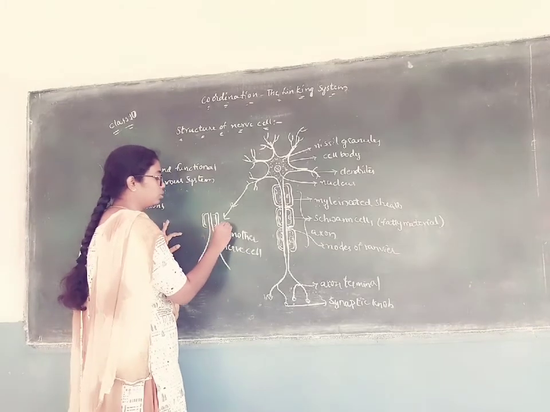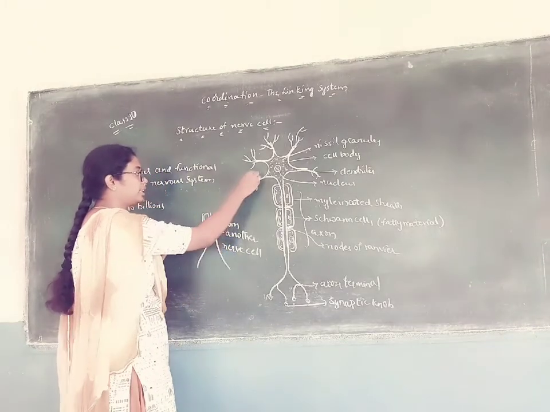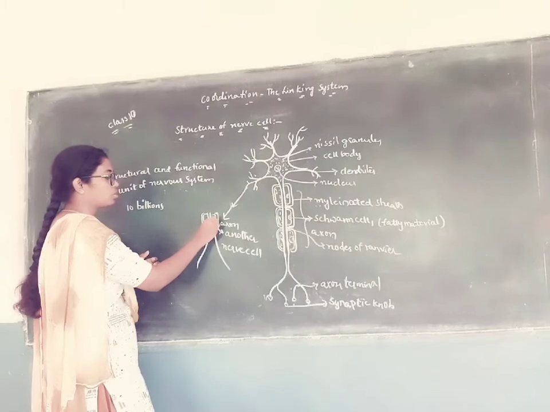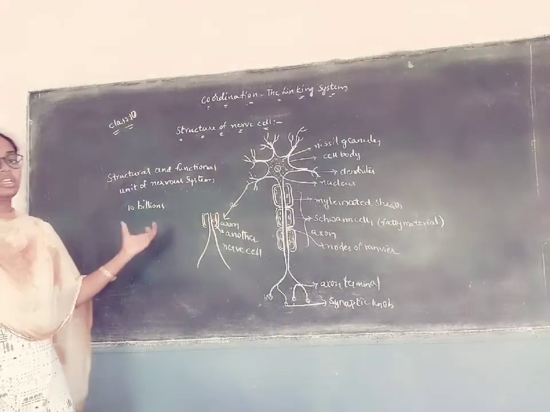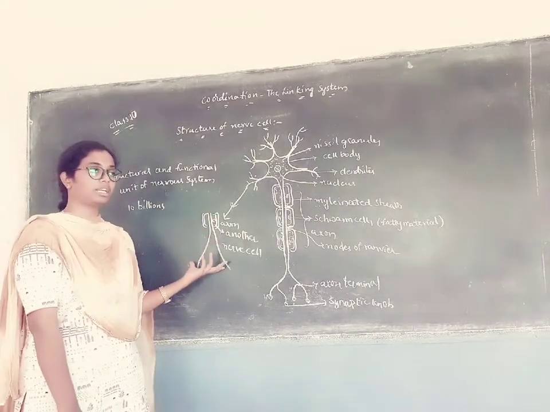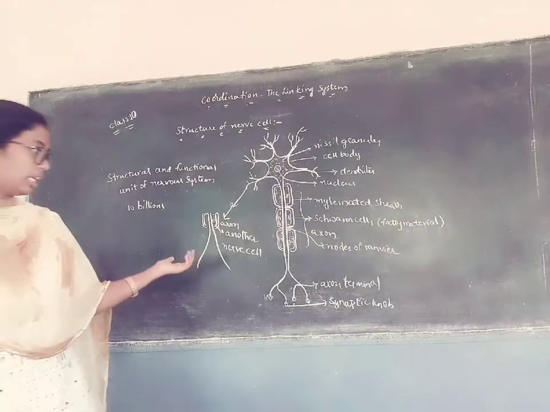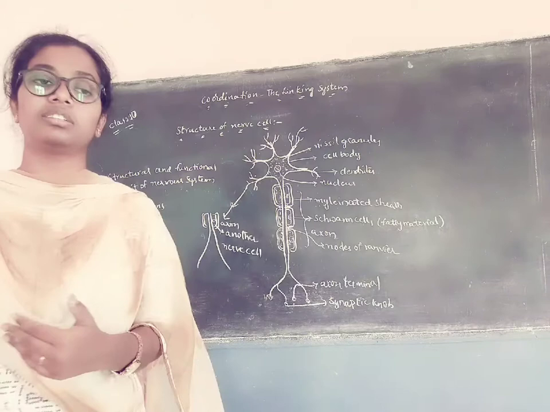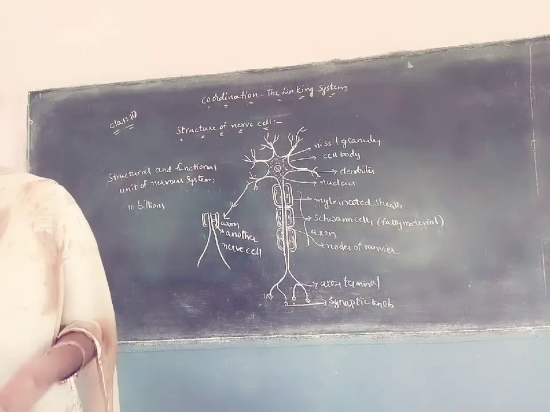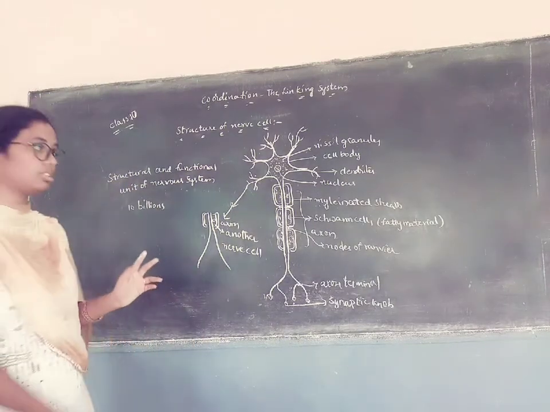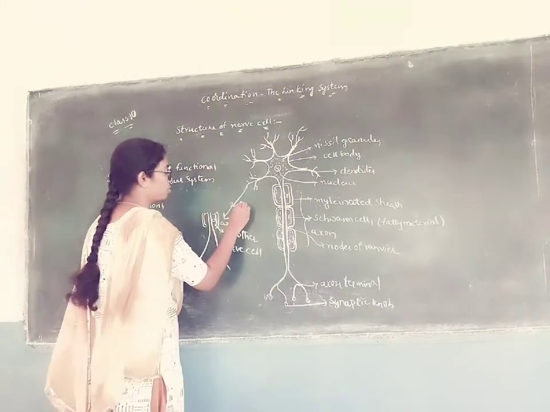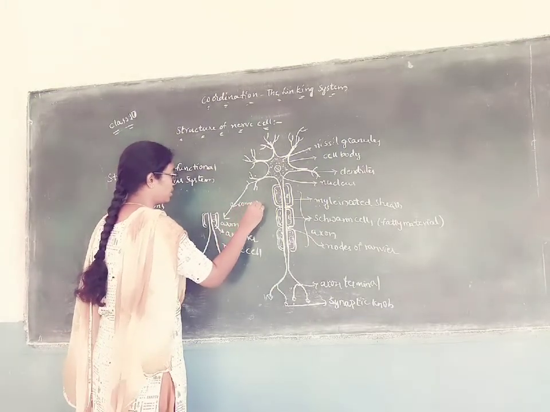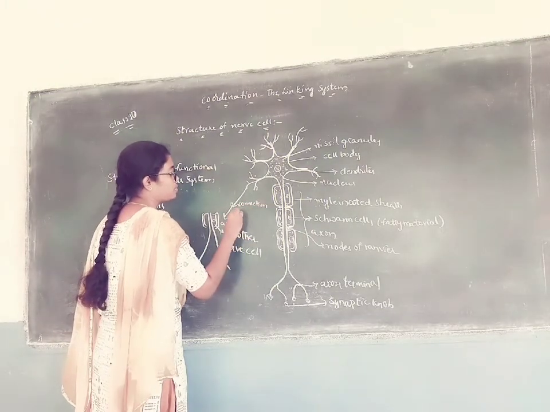So this is the axon, and these dendrites connect with the axon to transfer information and to communicate with the other cells. This connection is known as a synapse.